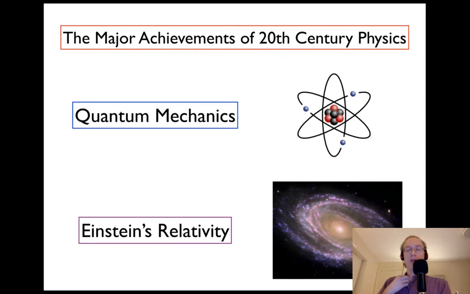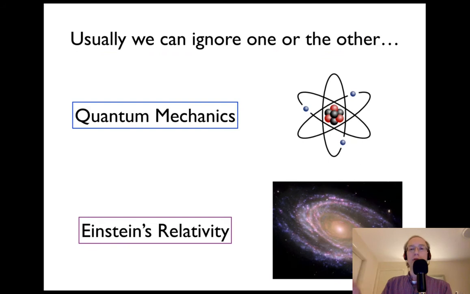And yet we don't have a theory that describes both of those things. So the two major achievements of 20th century physics, quantum mechanics and Einstein's relativity, well, you can ask, how can we have these two different theories where each one is incomplete and yet they're both so successful? Well, it's because usually we can ignore one or the other.